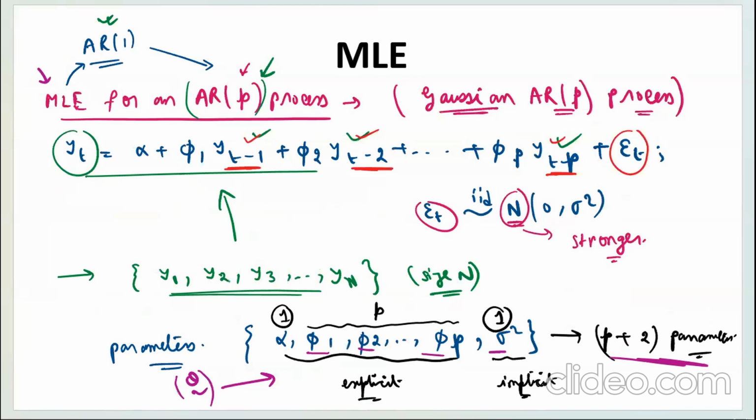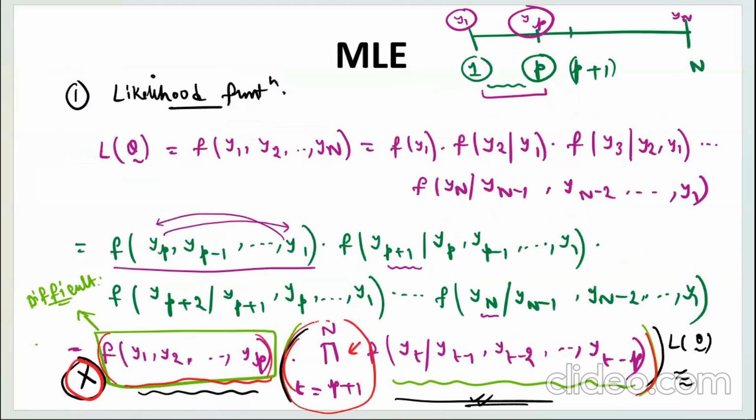So start with the MLE. For the AR(p) process, start with the process itself, write the process down, and then assume that you have taken out a sample of size n from this particular process, or whatever process you are working with. Then find out what the unknown parameters in the model are. Once you have that, you can write down the likelihood function in this form.